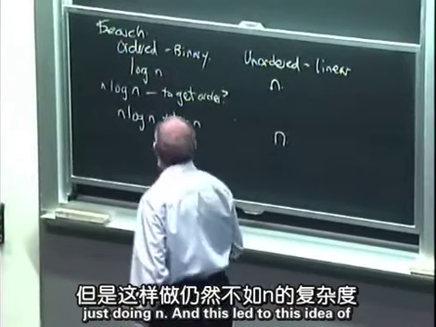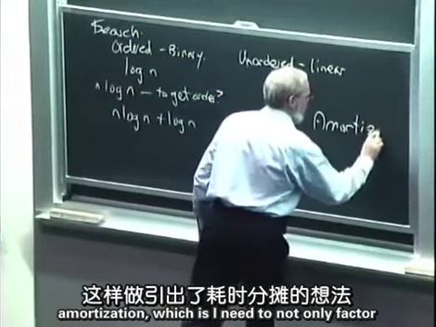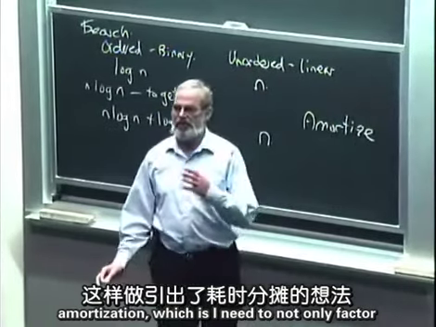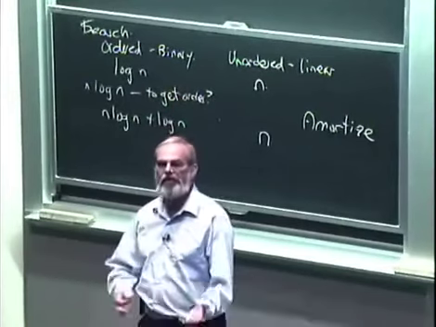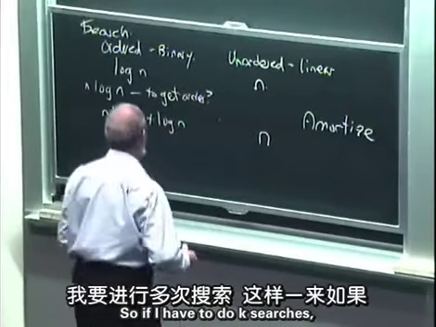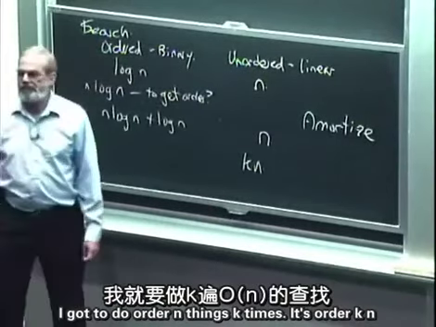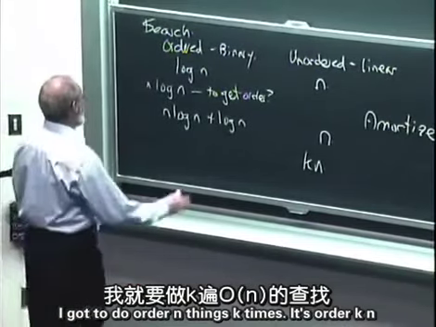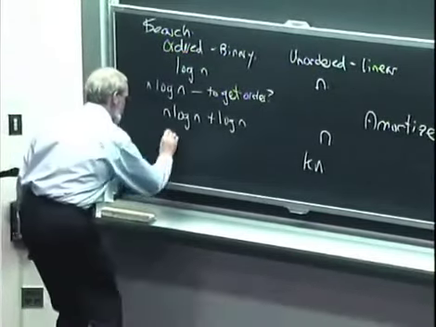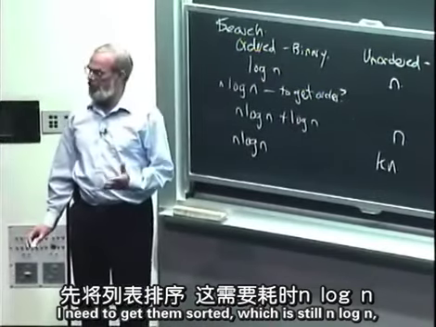And this led to this idea of amortization, which is I need to not only factor in the cost, but how am I going to use it? And typically, I'm not going to just search once in a list. I'm going to search multiple times. So if I have to do k searches, then in the linear case, I've got to do order n things k times. It's order kn. Whereas in the ordered case, I need to get them sorted, which is still n log n.